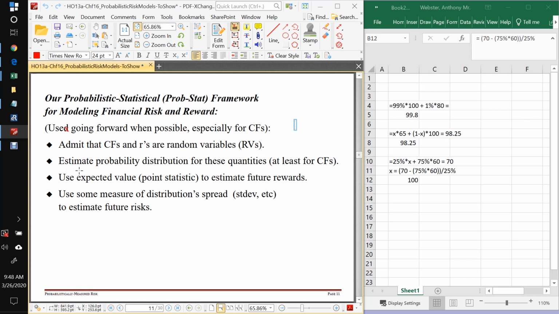We're going to estimate a probability distribution for these quantities, and we've pretty much just covered how we're going to cover cash flows for zero coupon bonds. And we'll use the expected value to estimate our future reward, and we'll use some measure of our distribution spread, standard deviation, or something like that to estimate future risks.